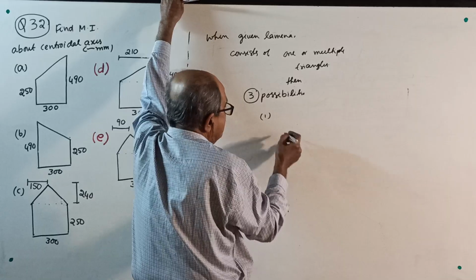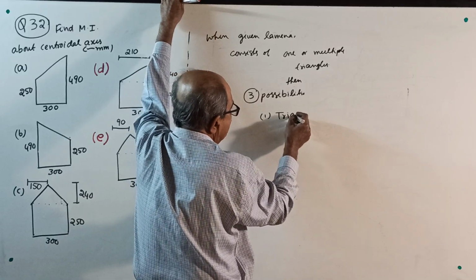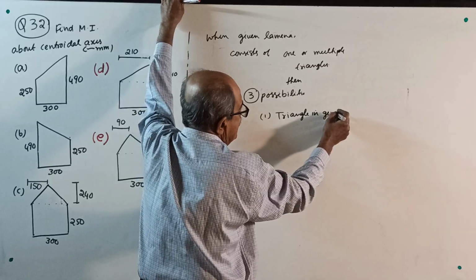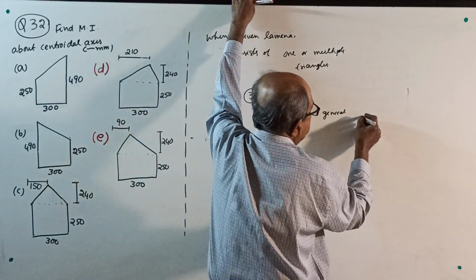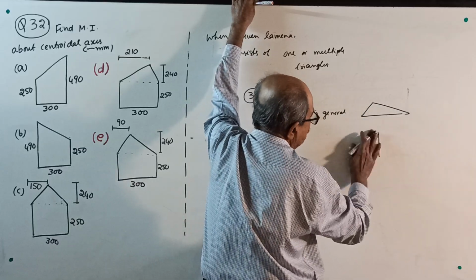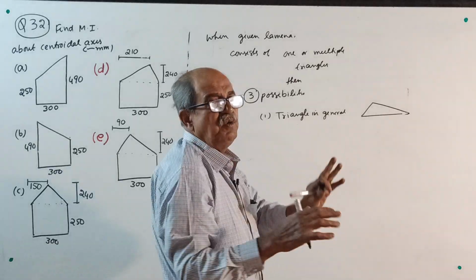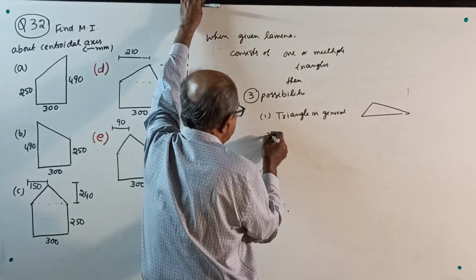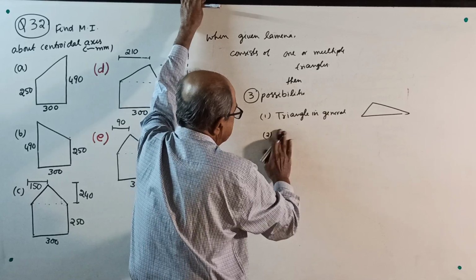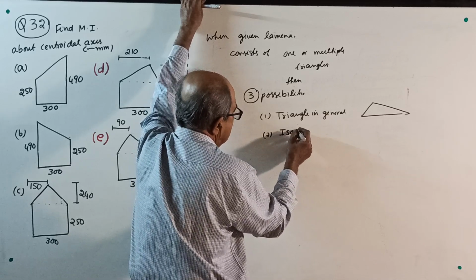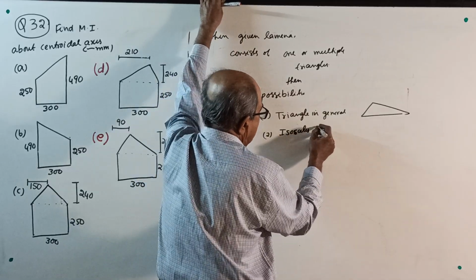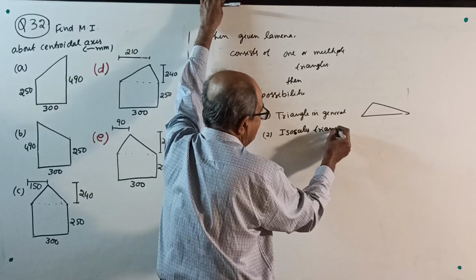One, triangle in general. General means simply like this, or it can be like this also. Once turning, you will worry later. Two, isosceles triangle. Spelling problem sometimes comes for me.